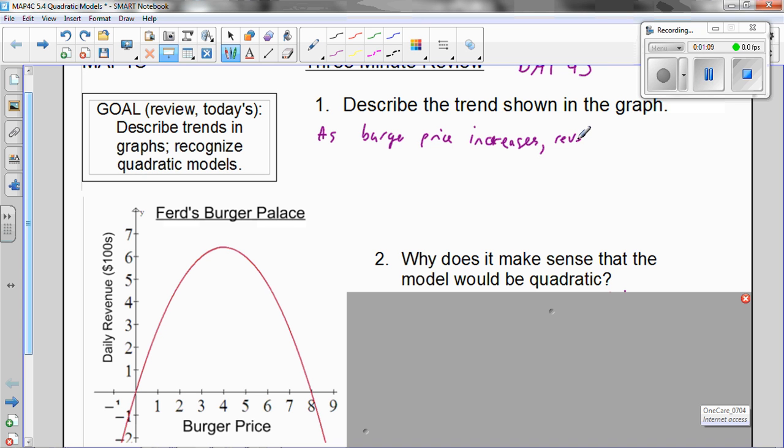Revenue increases quickly and then more slowly.